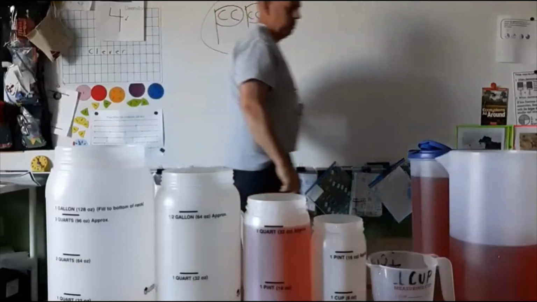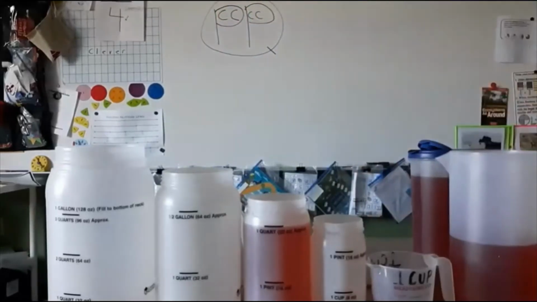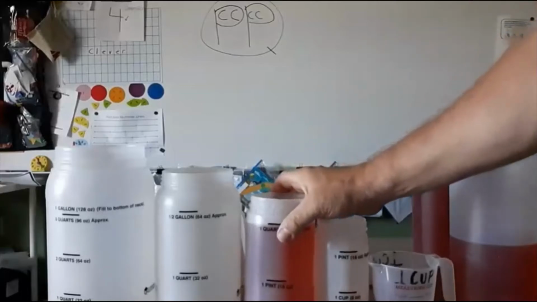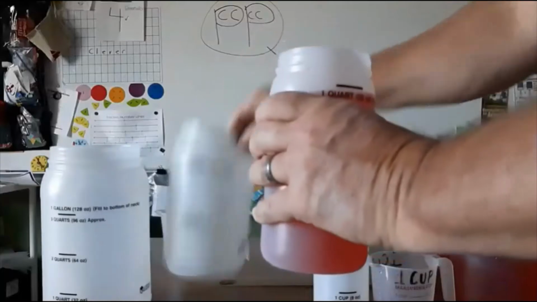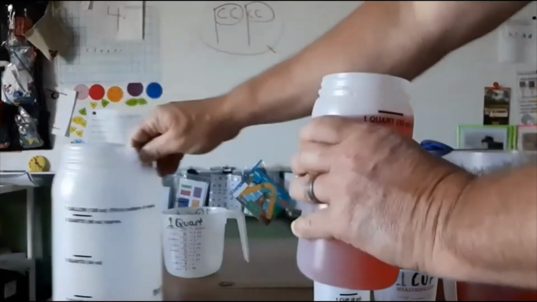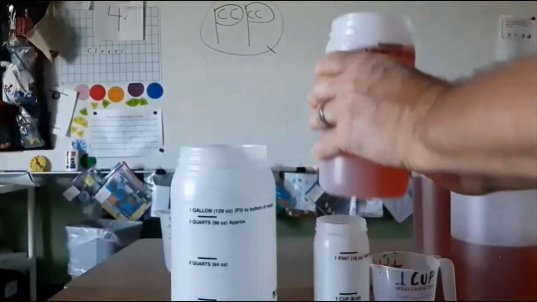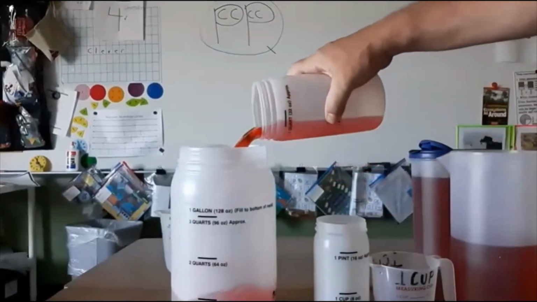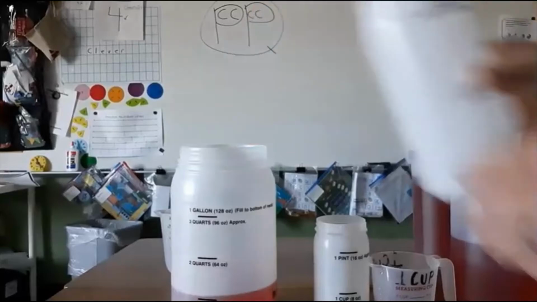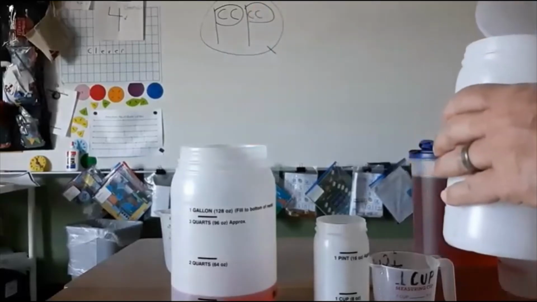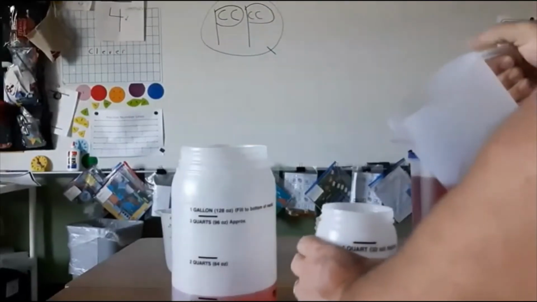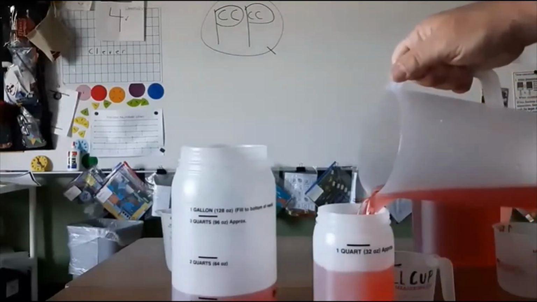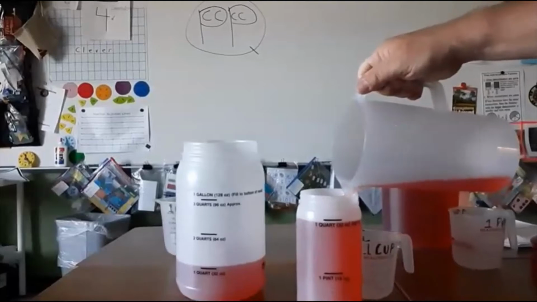Okay, next thing we're going to do, we're going to see how many quarts there are in a gallon. I'm just going to take this half gallon out. So that's 1 quart. Two quarts.